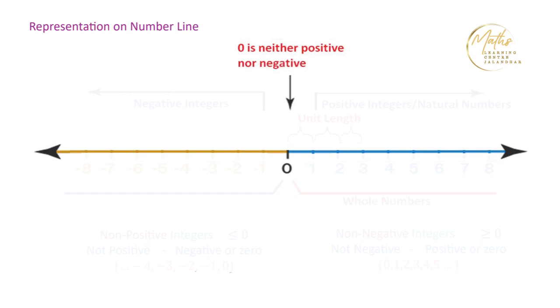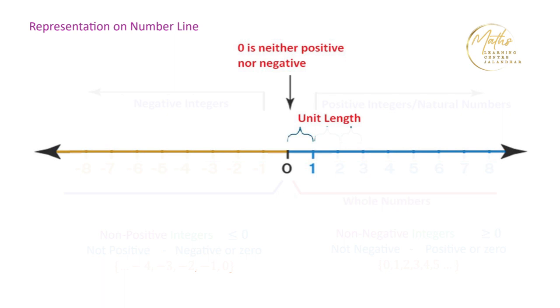Now on the right hand side of this integer, we are going to mark another point, and the distance at which this point is marked is called the unit length or unit distance. And this point that we have marked is representing the number 1.